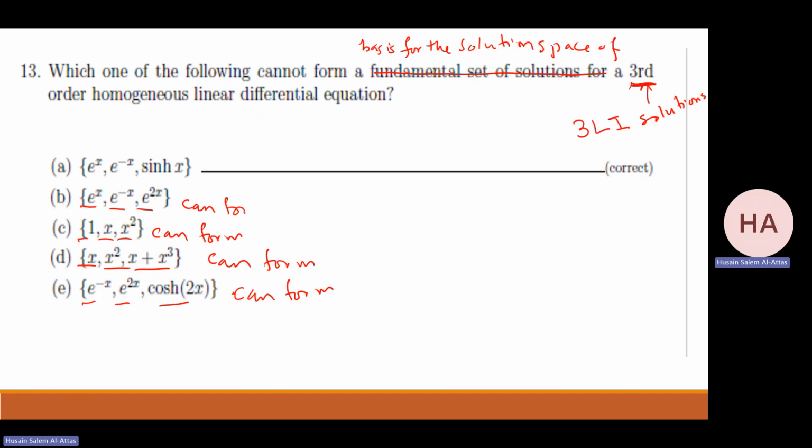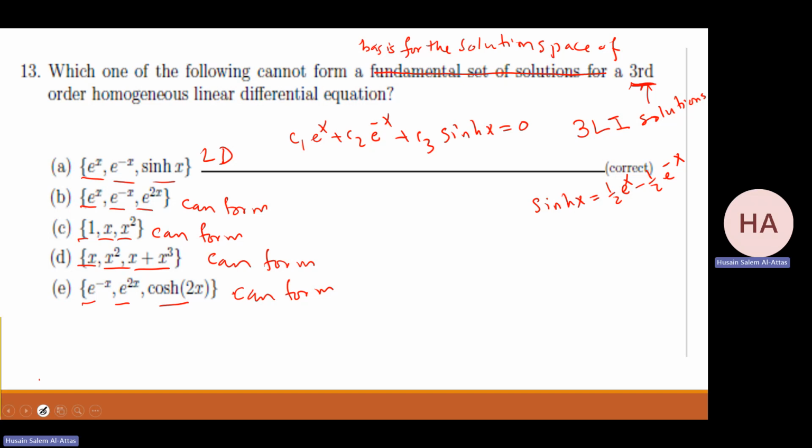They are not linearly independent. These are linearly dependent. Why? Because I know that sinh x is what? Half e to the power x minus half e to the power minus x. So I can write C1 e^x plus C2 e^{-x} plus C3 sinh x equals 0.